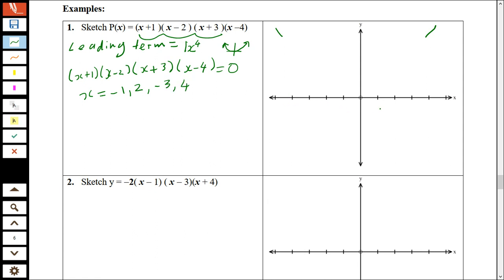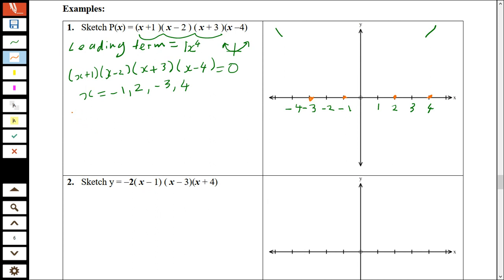Okay, so straight away over here, I can put some numbers on here. 1, 2, 3, 4, -1, -2, -3, -4. Okay, and let's put where the numbers are. So we're going to have -1, there's 1, 2, -3, and 4. Okay, so those are the 4 places that will cross the x-axis.